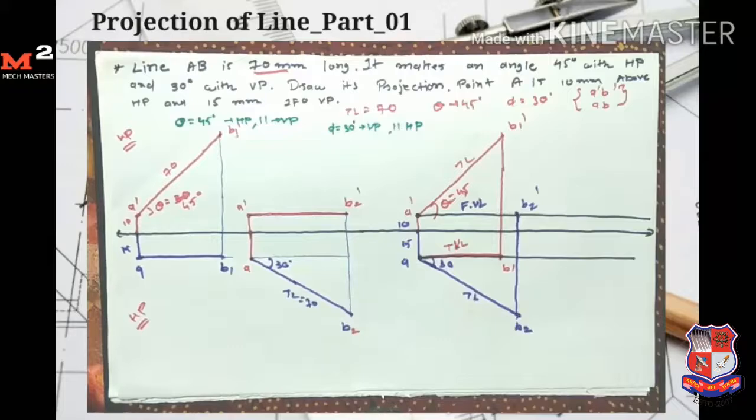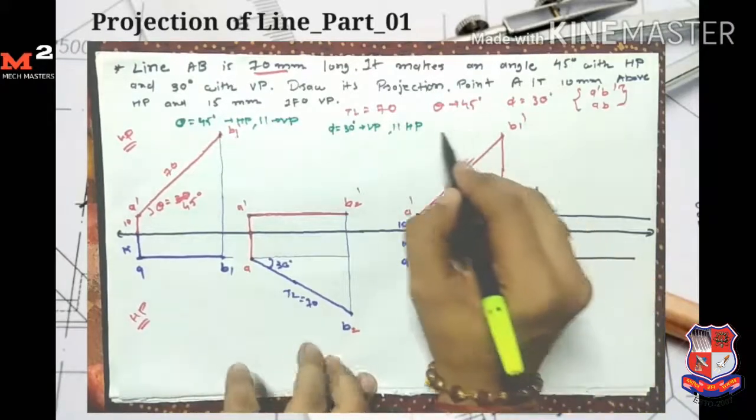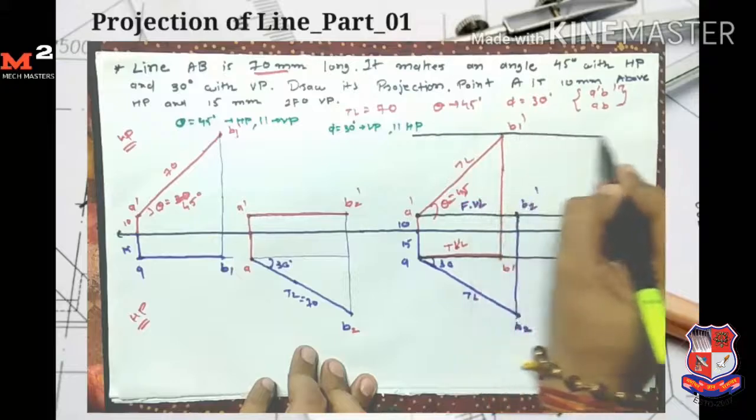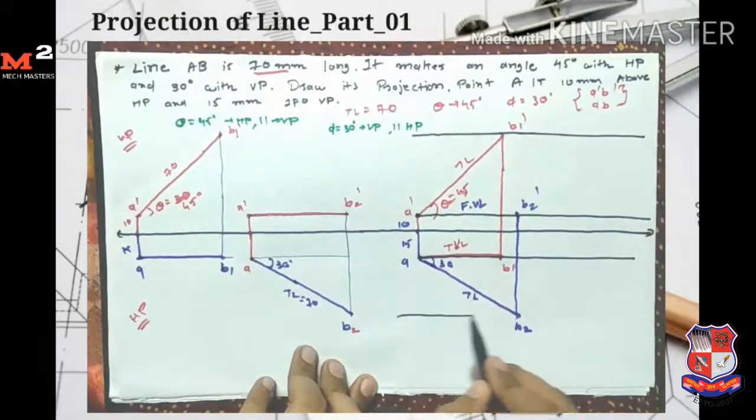Now draw the final line A dash B dash. I require to find the point B dash. Here for B dash I have two conditions. I draw the locus from B1 dash and the locus from B2.